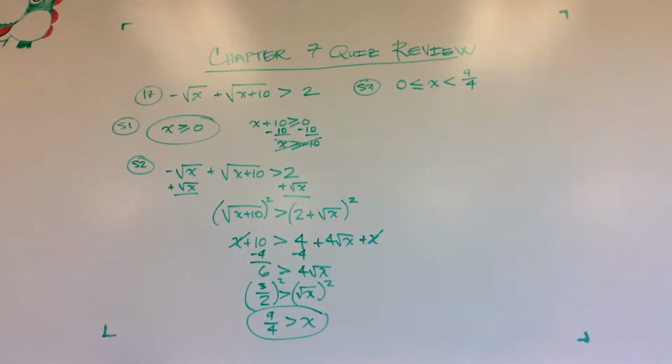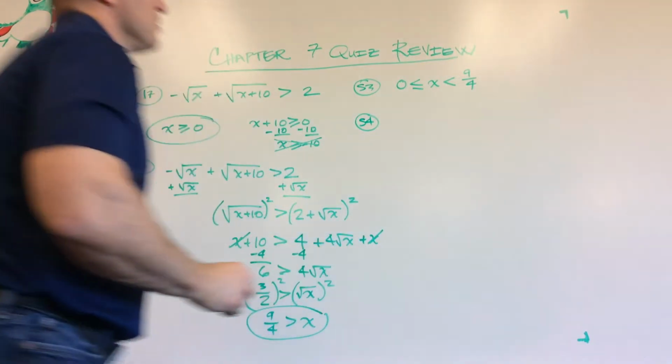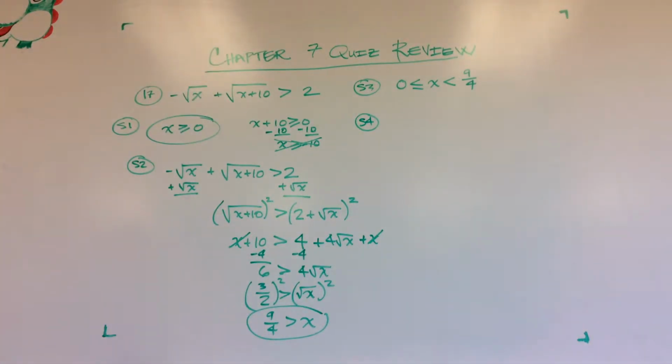Again, we can graph that out if we want, but the key is in step 4, just taking a value from each of the 3 regions. We want something less than 0, we want something within the region, and we need something bigger than 9/4 outside of the region to the right.